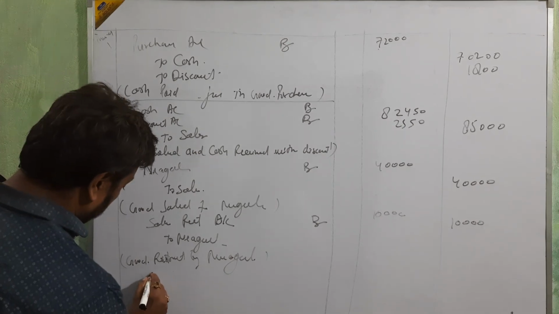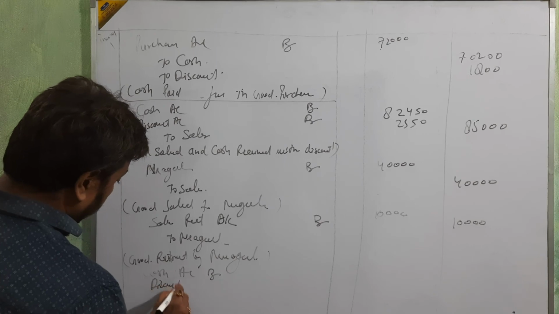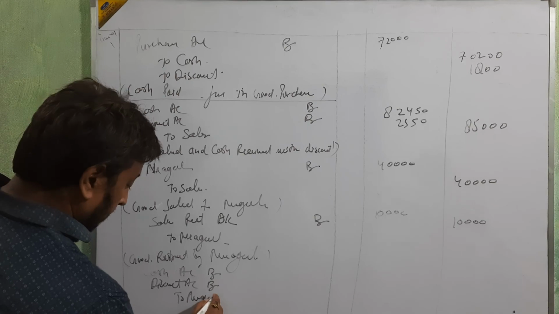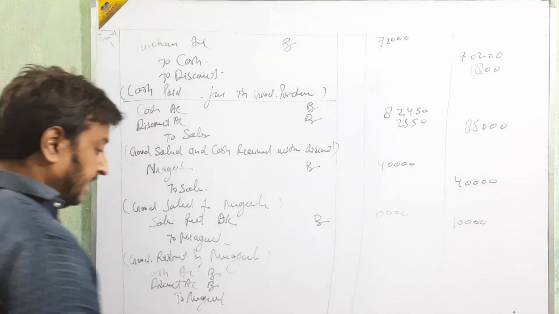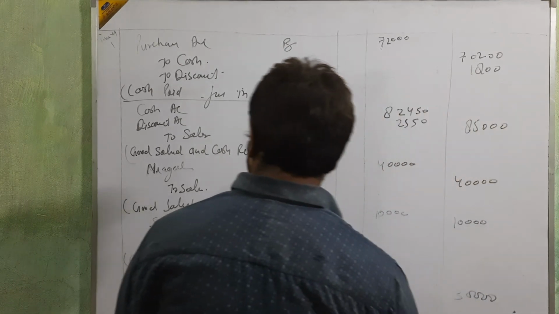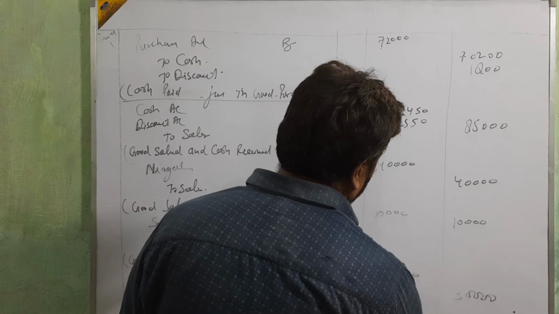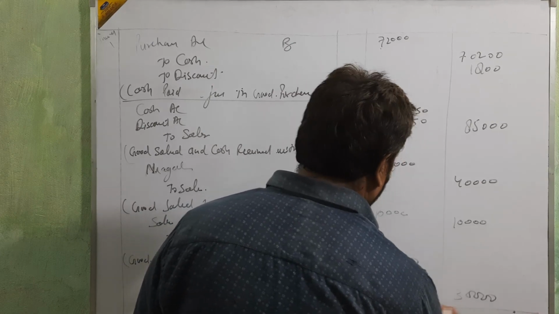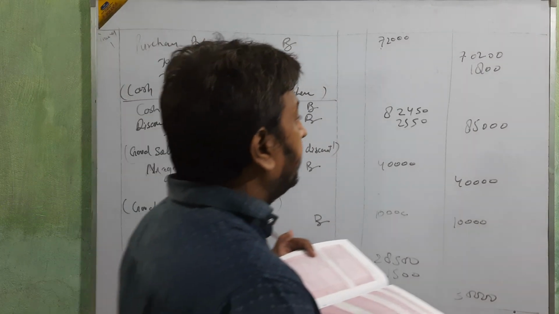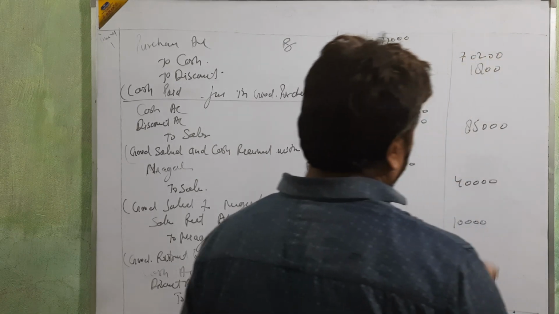It means Cash Account Dr., Discount Account Dr. to Nigal. We needed 30,000, beta. 5% discount means 1,500. It means 28,500 we are going to receive.